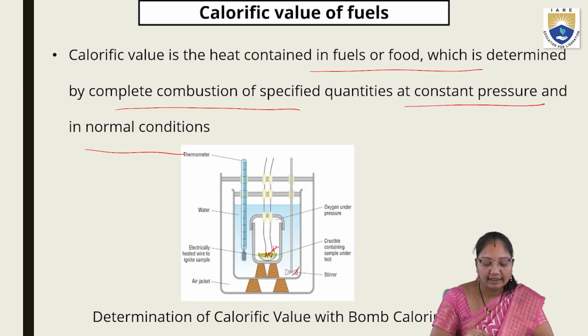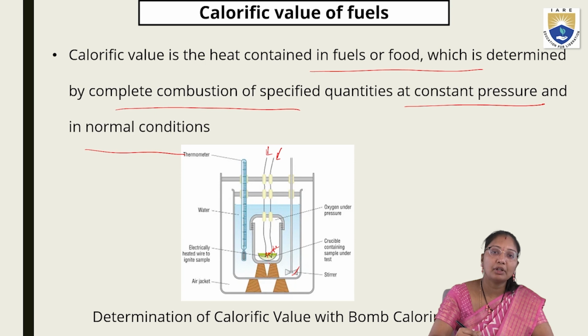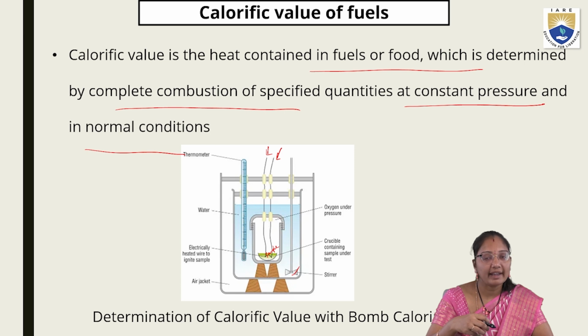There is an electrically heated wire to ignite the sample. These are the two wires, introduced into the fuel or the food sample. They are electrically ignited, and the combustion takes place in the presence of air or oxygen under constant pressure.